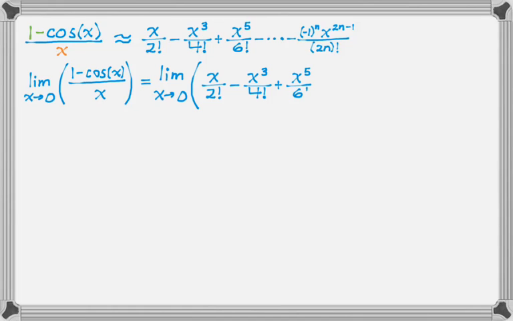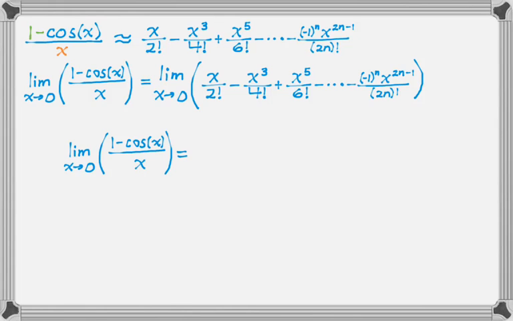Power series are just infinitely long polynomials. If you look at the right-hand side, every single thing has an x in it. Since every single thing has an x in it, when I let x equal 0, I end up with the value of the limit being 0. So the limit as x approaches 0 of 1 minus cosine of x over x is just 0, because everything still had an x in it.